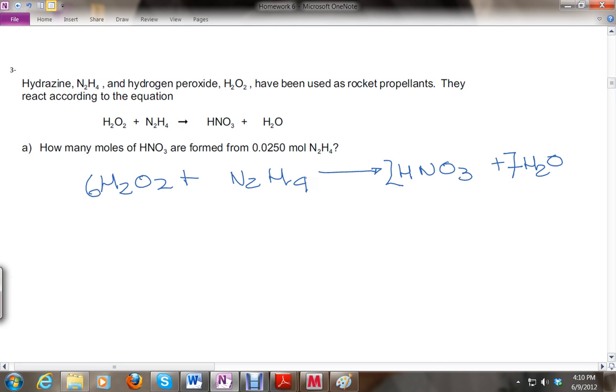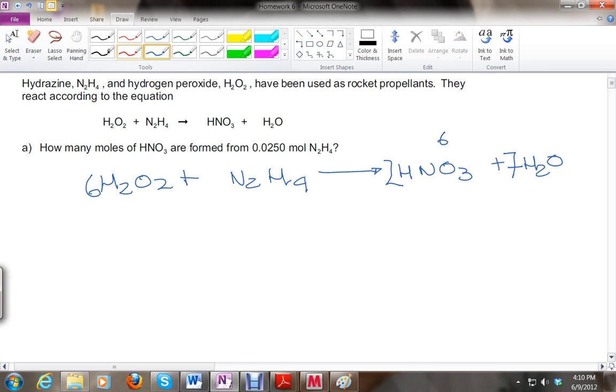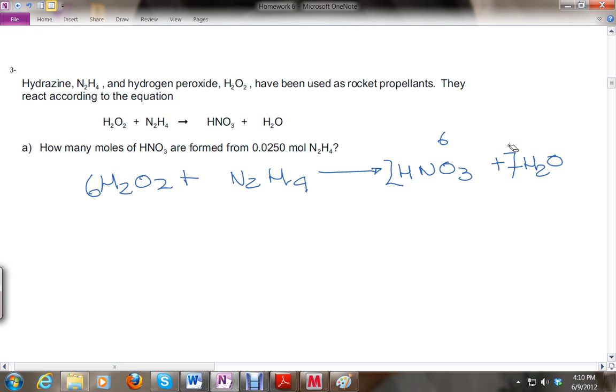I know I have here 4 plus 12, 16. Oxygen 12, 6 plus 7, 13. Let's put an odd number now here on the water. Uneven, sorry. Let's get rid of this.